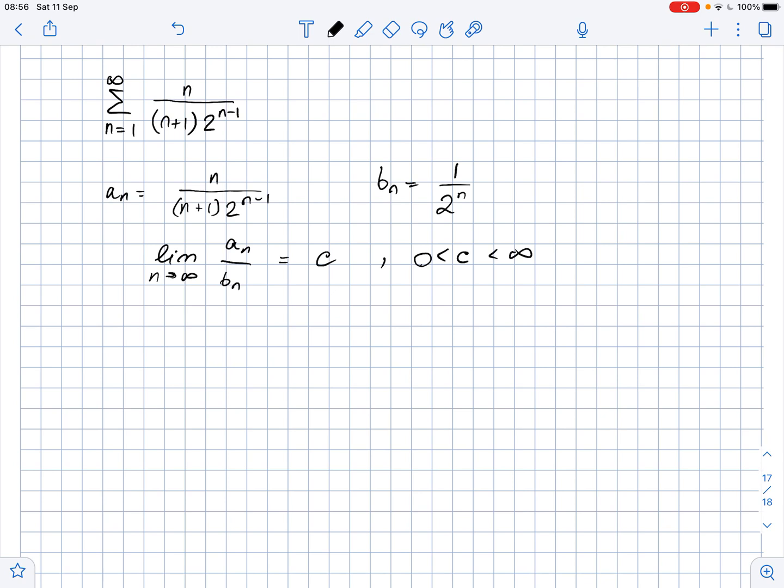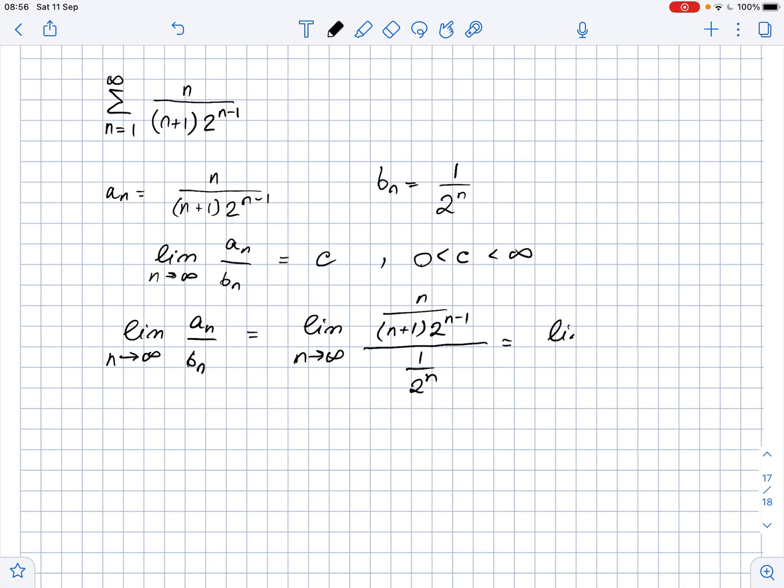Well, let's find the limit of a_n over b_n. So the limit of a_n over b_n, where n approaches infinity, in our case equals the limit of n over (n plus 1) times 2 to the power of n minus 1, and this whole thing is divided by 1 over 2 to the power of n, and n approaches infinity here.